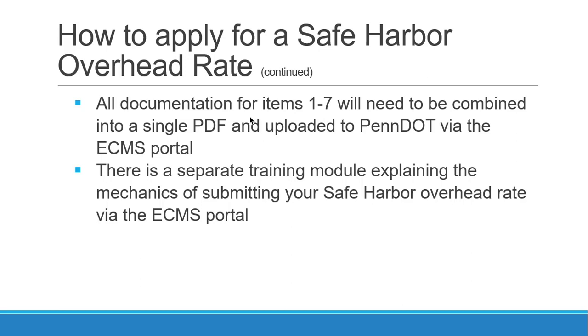There's a separate training module explaining the mechanics of submitting your Safe Harbor overhead rate application via the ECMS portal. That module will explain the mechanics of logging onto ECMS, how you go through the forms and the screens so that you can apply for the Safe Harbor rate and you can upload your documents.